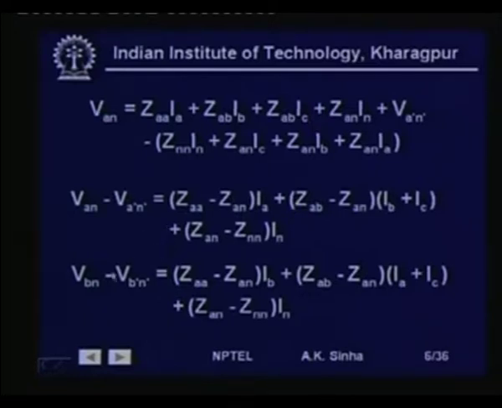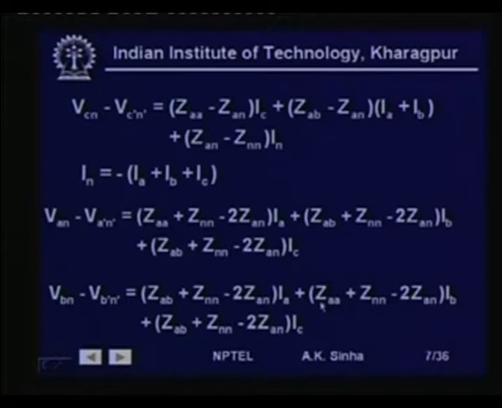A similar relationship we can write for phase B. VBN minus VB dash N dash is equal to ZAA minus ZAN into IB plus ZAB minus ZAN into IA plus IC, plus ZAN minus ZNN into IN. And similarly for phase C, VCN minus VC dash N dash is equal to ZAA minus ZAN into IC plus ZAB minus ZAN into IA plus IB, plus ZAN minus ZNN into IN.